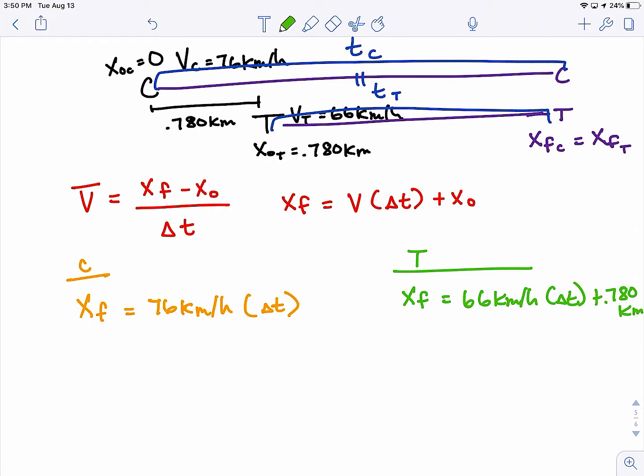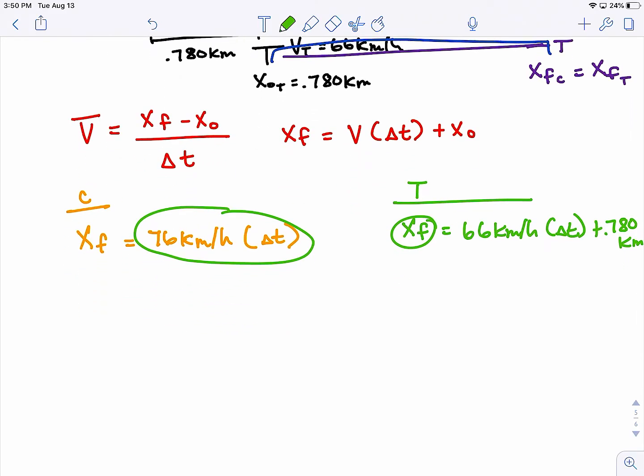Well, we know that, again, the final position is the same for both. So could we plug this final position in here and then solve for delta t?